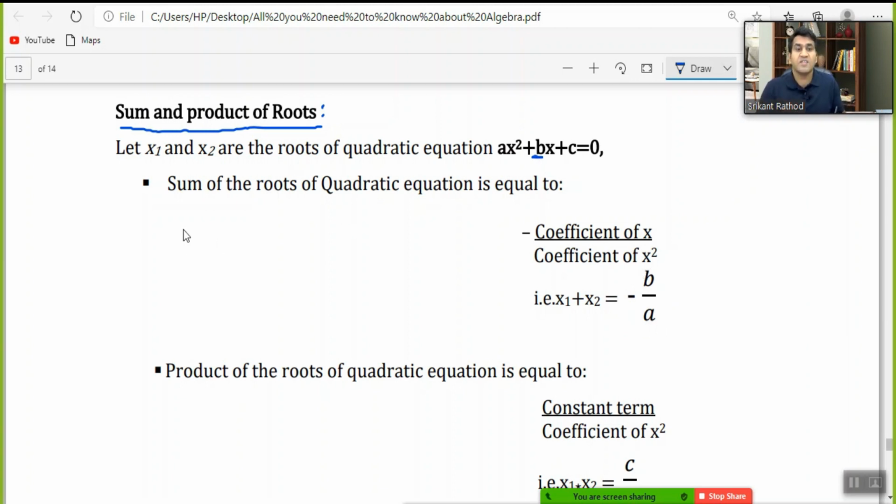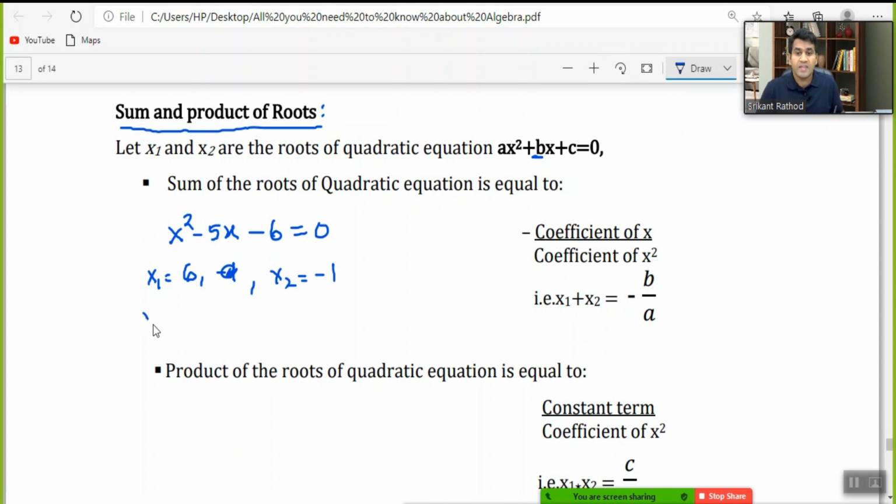So let's consider our previous example. We had x square minus 5x minus 6 equals 0 after modifying, and after solving this we got two values. We got one root as 6 and another root as negative 1. I can take this as x1 and this as x2, right?